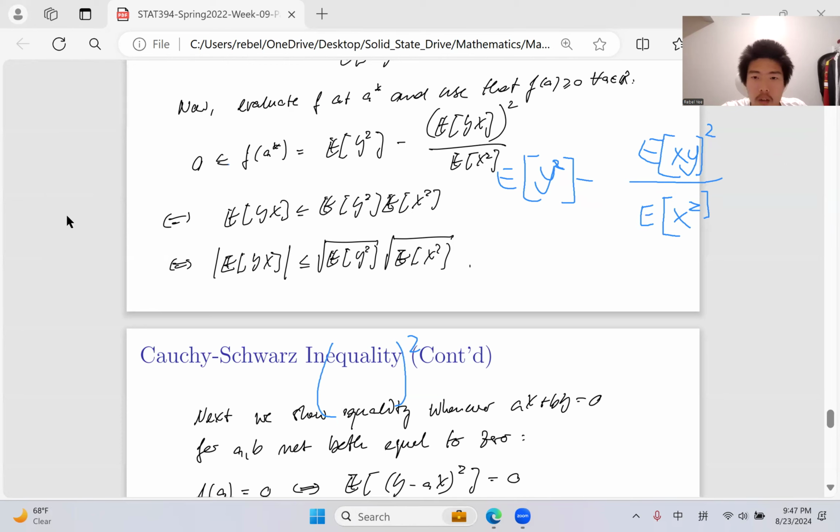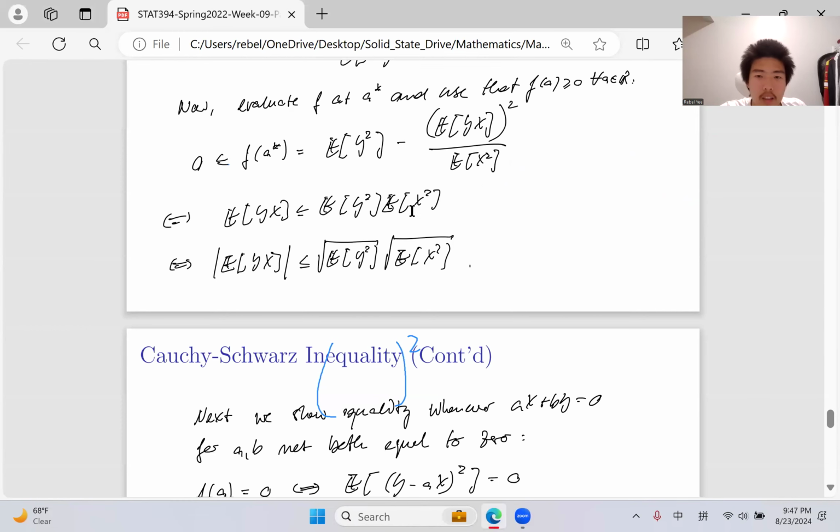Now we have reached this step here, which is what we got from last time. And this one will be interesting because 0 is smaller or equal to this one. We can move this term to here, so this term is smaller or equal to this one, and times the expected value of x squared back. So it becomes this one.